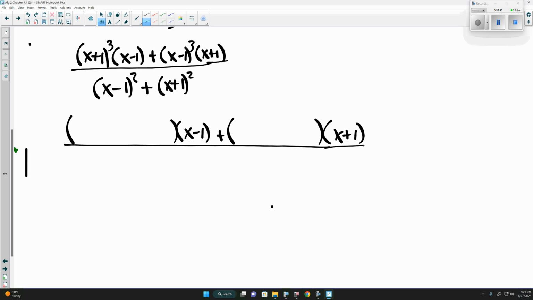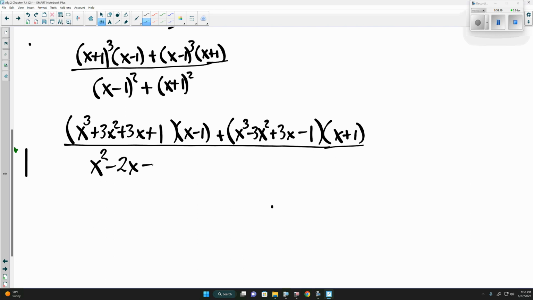If we do x plus 1 by itself 3 times, we get x cubed plus 3x squared plus 3x plus 1. If we do x minus 1 cubed, it's going to be x cubed minus 3x squared plus 3x minus 1. I've had these almost memorized, kind of how the pattern works. x minus 1 squared is going to be x squared minus 2x plus 1, and x plus 1 squared is going to be x squared plus 2x plus 1.